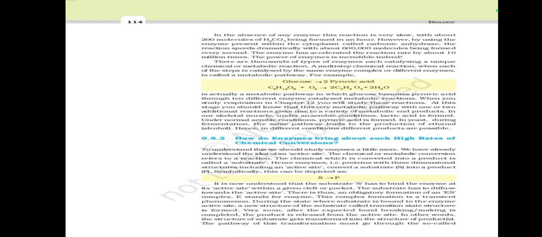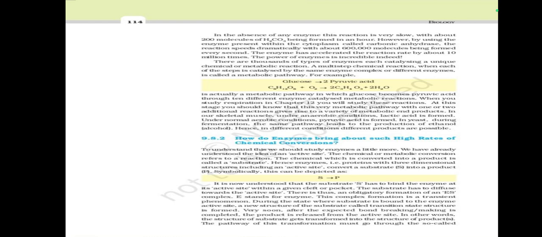In the absence of any enzyme, this reaction is very slow, with about 200 molecules of H2CO3 being formed in an hour. However, by using the enzyme present within the cytoplasm called carbonic anhydrase, the reaction speeds up dramatically, with about 6 lakh molecules being formed every second.